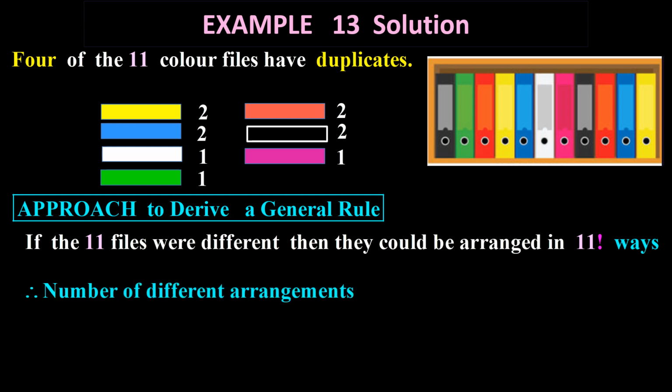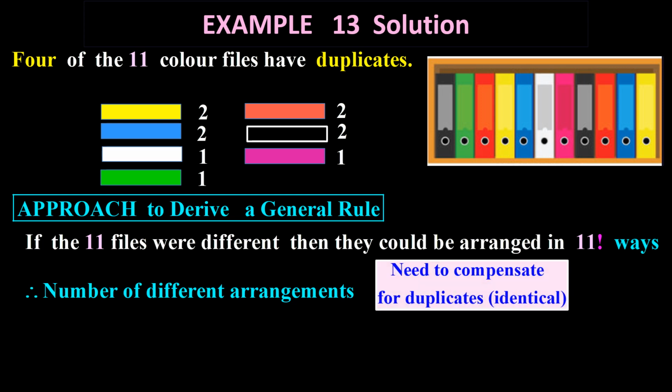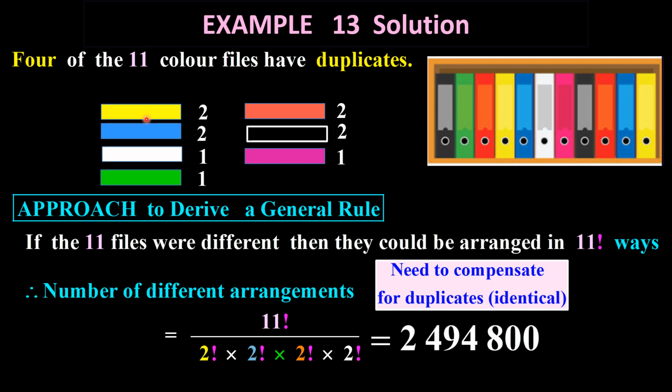Then the number of different arrangements we can get now, because we have to compensate for those that are identical, we take the 11 factorial, but because of the duplicates, we have 2 yellows, so we'll have to divide that by 2 factorial, and then we have 2 blue that we have to divide by 2 factorial, and then we also have to divide it by 2 factorial for the orange and 2 factorial for the black, right? And if you compute that, you can see it gives us quite a large number, 2,494,800 options there.